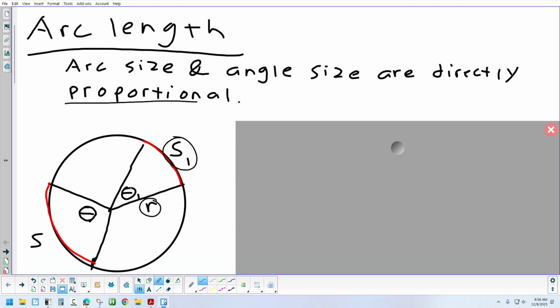But my question is, how much bigger? Does anyone remember what this angle right here has to be in order to make this arc and this radius exactly the same?